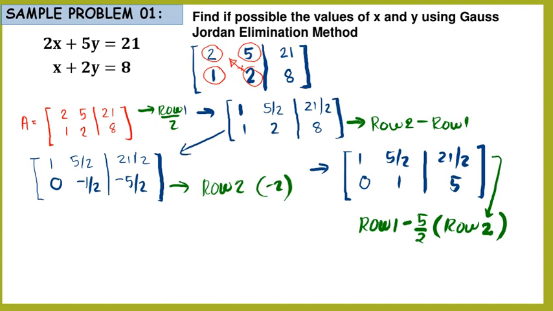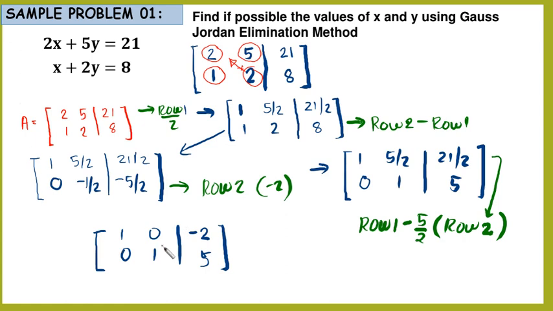So if we do that, our resulting matrix will now become 1, 0, 0, 1, and then negative 2, and then 5. So that is my resulting matrix.